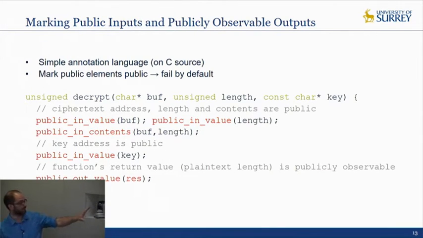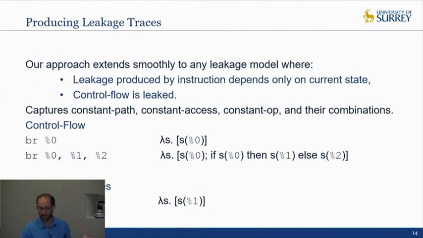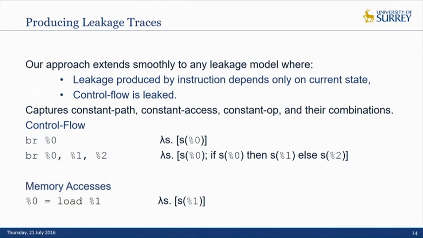So this is a small language for marking public inputs and publicly observable outputs. And when we produce leakage traces, we really just instrument the semantics. Here we would capture constant path, constant access, for example. If you have a jump to a function pointer, then what leaks about this state is the address you're jumping to.